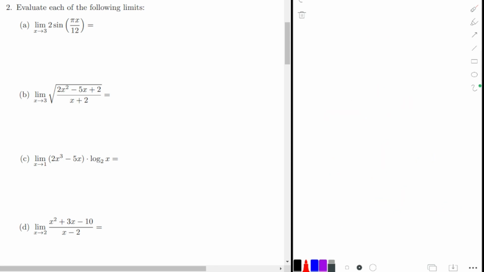so when we do direct sub on 2c, what do we get? We get 2 times 1 cubed minus 5 times 1, and that's 3, right? No, I'm sorry, it's negative 3, right? Because we're not cubing the 2. So it'll be 2 times 1 minus 5, and that's negative 3.